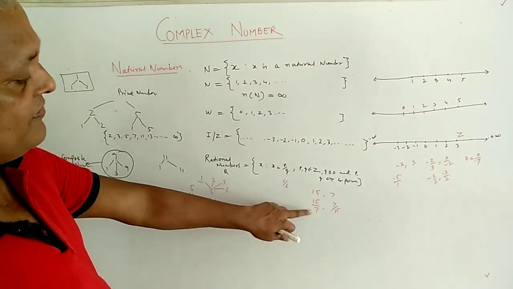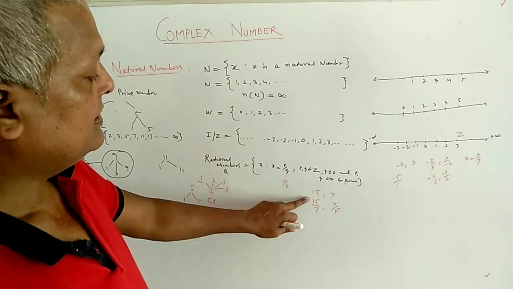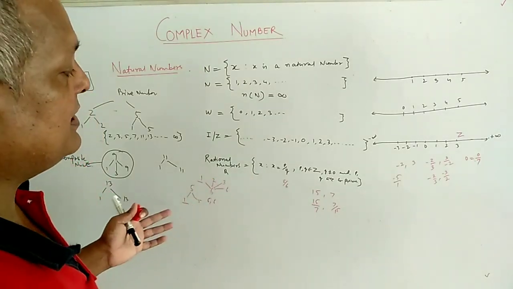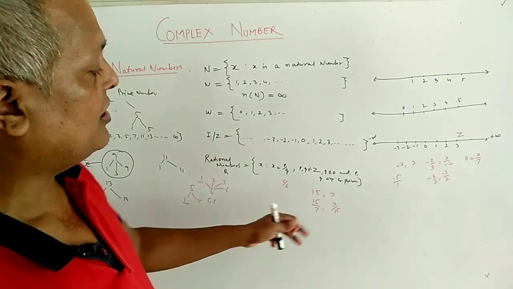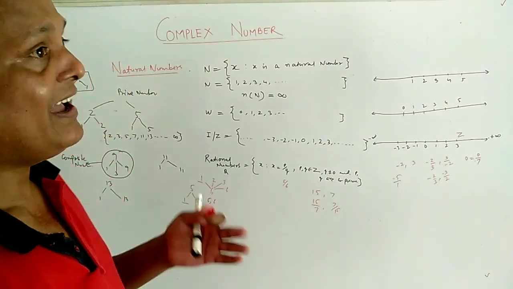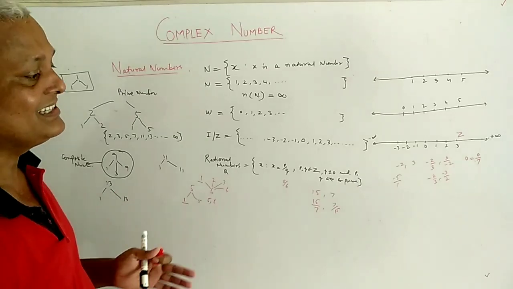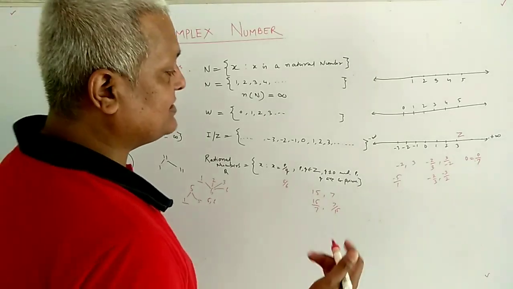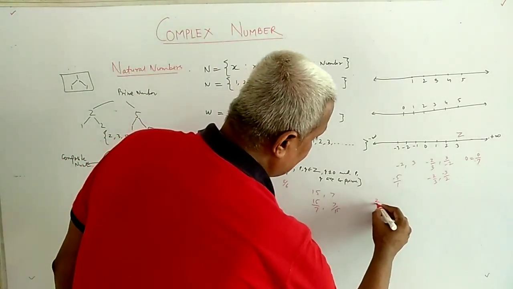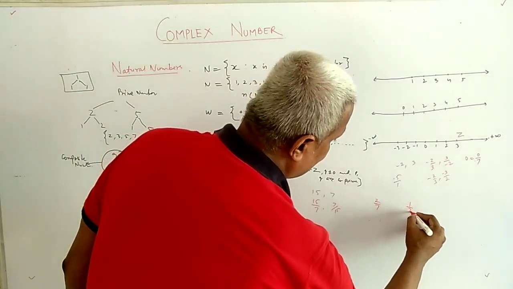If you divide 15 by 7, you can get a proper decimal answer, or you can find a situation where the division is not terminating, it just keeps on going, just like the case of 2 by 7 or 1 by 3.